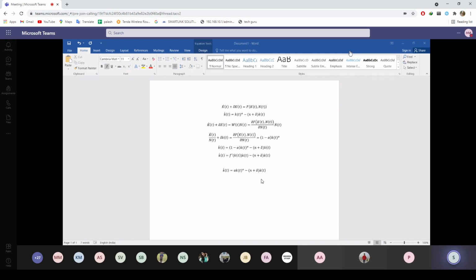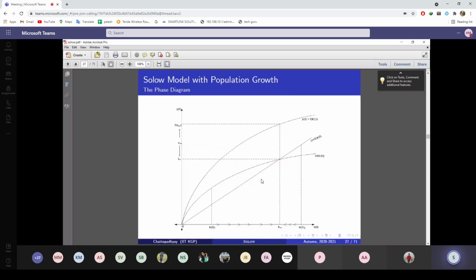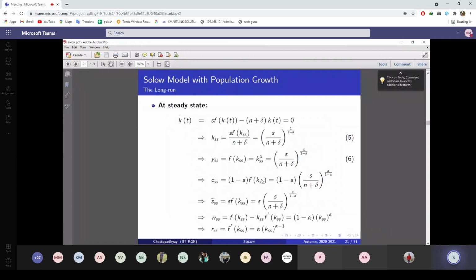We will find that golden rule level of capital stock, and we will see that it is different from the steady state capital stock we have solved until now, the value that depends on s and delta in this fashion.